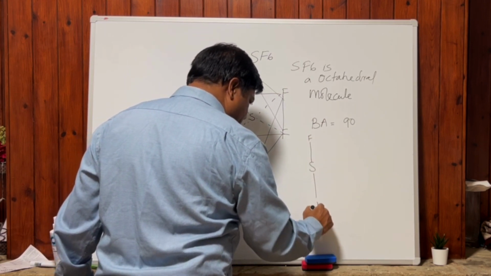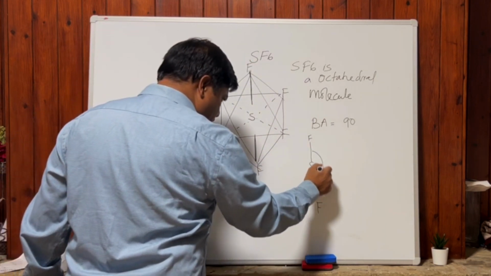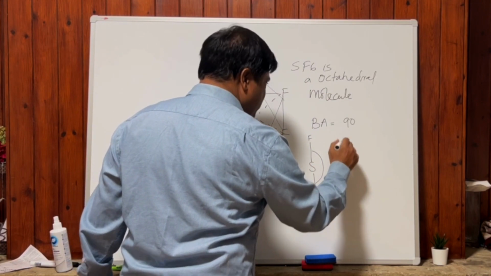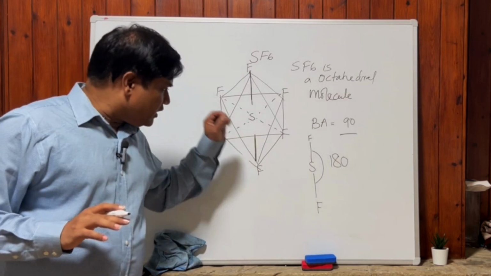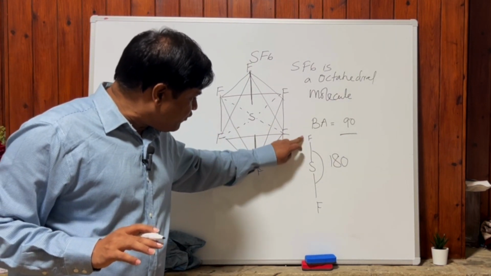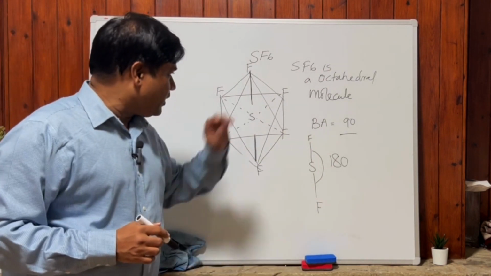What is the bond angle between fluorine, sulfur, fluorine? 180 degree. Mostly they will ask what's the bond angle, you can mention 90 degree. If you get a question specifically asking the bond angle between fluorine, sulfur, and fluorine, then you can say 180 degree. Otherwise, that's fine.